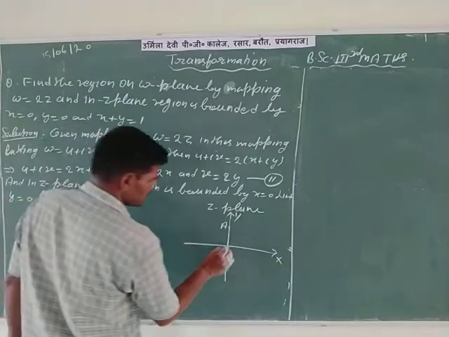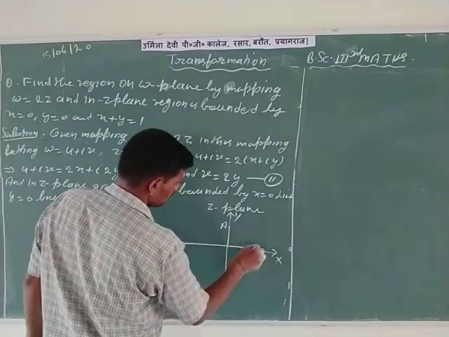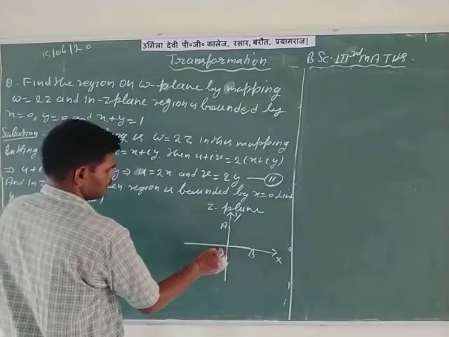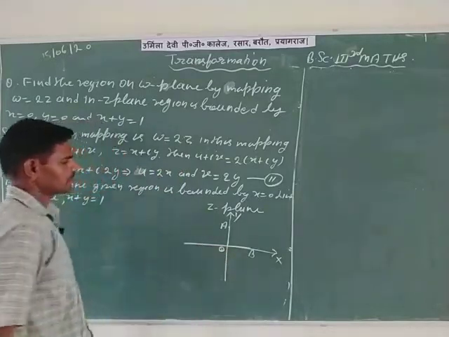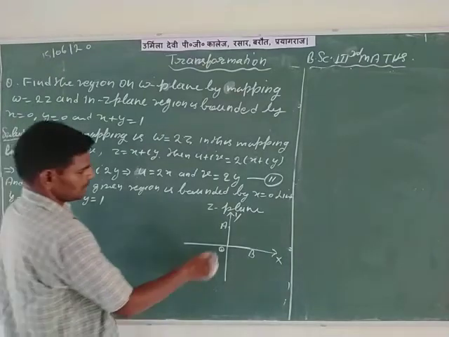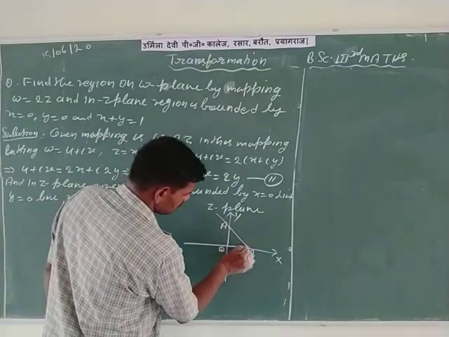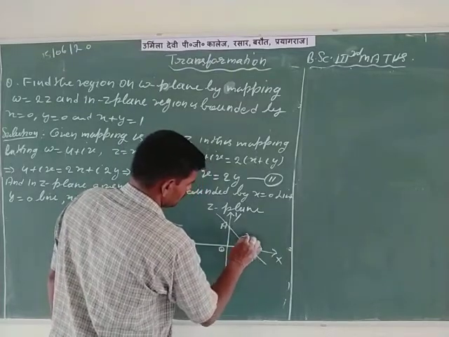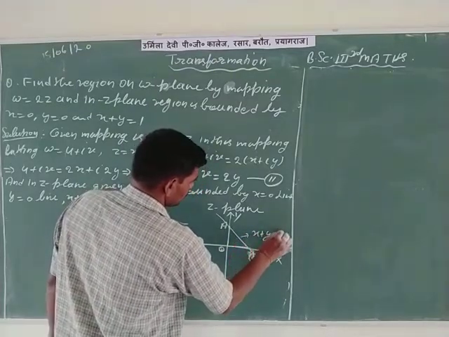On the x-axis, draw a particular distance, reaching the point capital B, and the meeting point is the origin capital O. The third line, x plus y is equal to 1, passes through the points A and B.